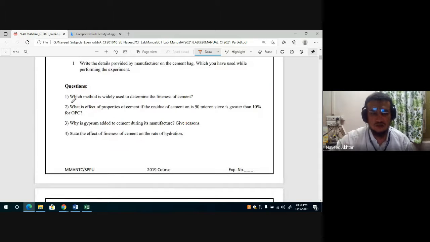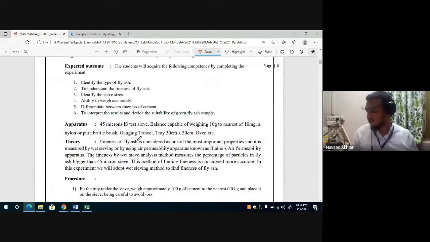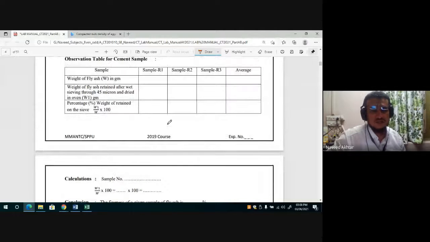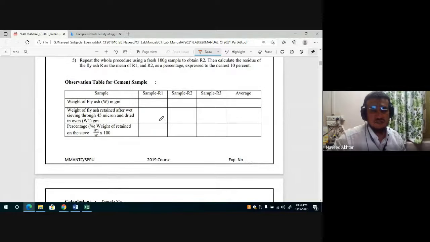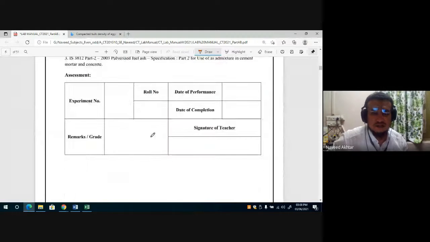Then you have to write down the question answers for experiment number 1. Then experiment number 2 is the wet sieving of the fly ash. Here also you have to write down the weight of the fly ash sample you have taken and the weight of fly ash retained after wet sieving on the 45 micron sieve, dried in the oven, and the percentage retained, and then that will be compared with the standard value.